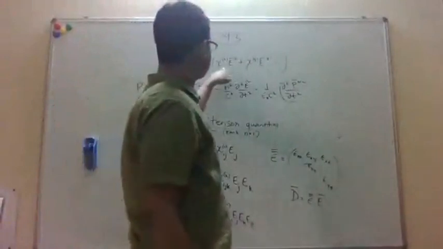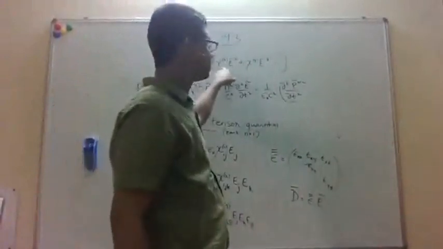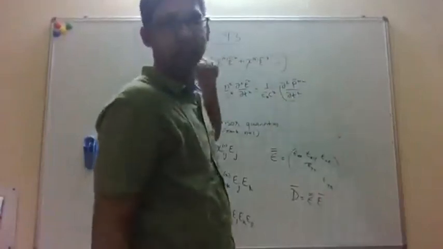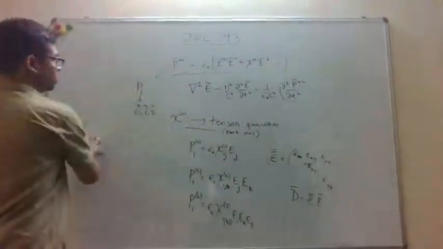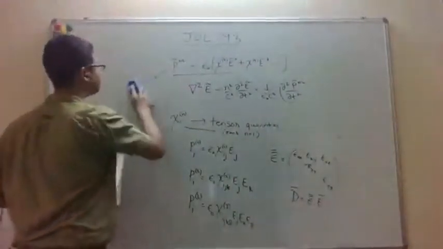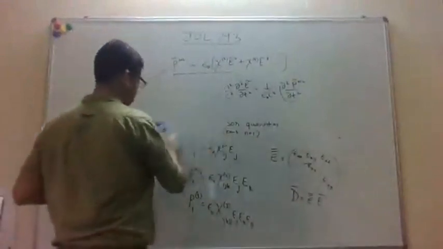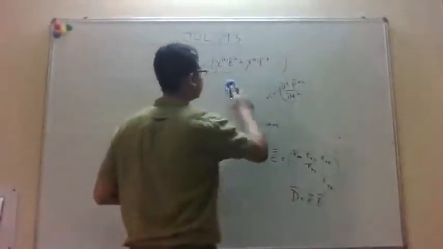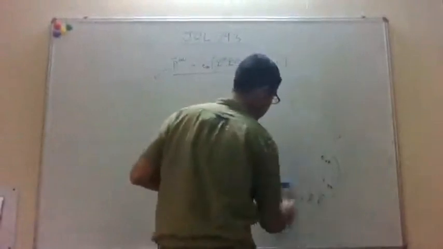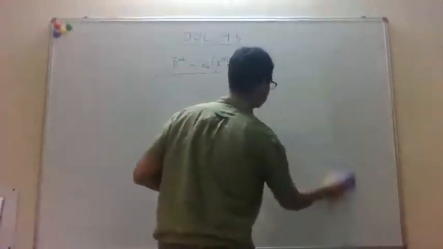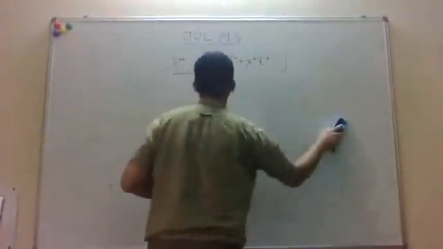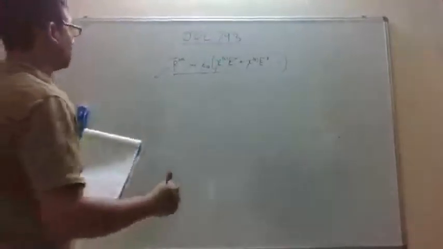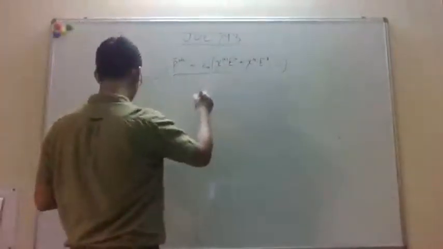And it turns out that to see second order, your material needs to have some special properties. Okay, so you can't see chi2 in any material you take. To illustrate that, let's write in terms of the tensor notation.